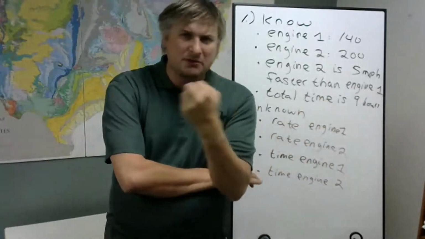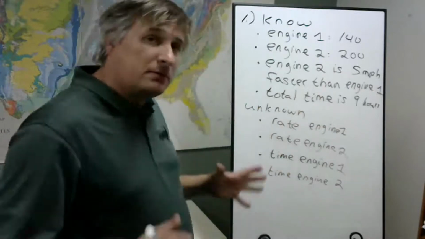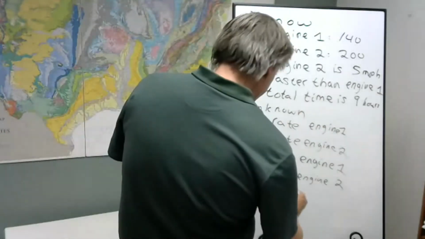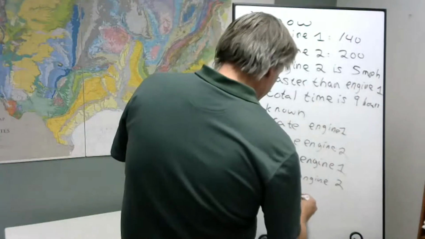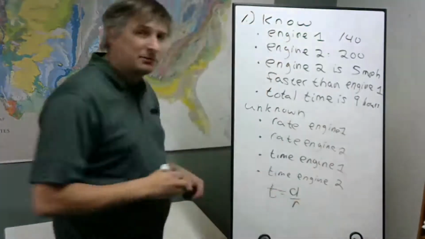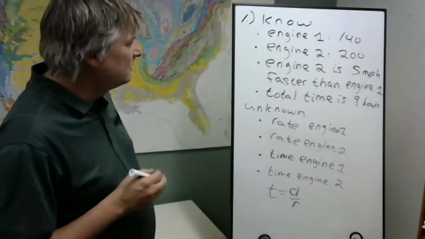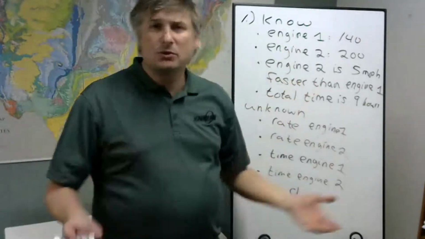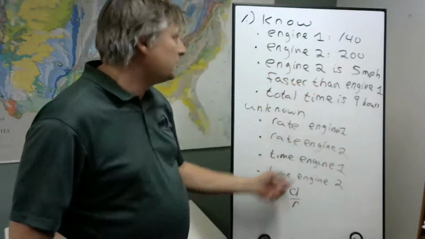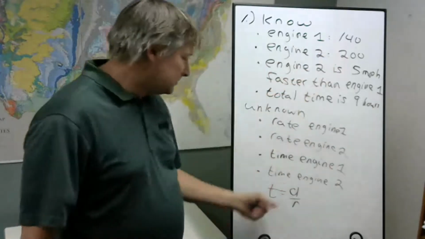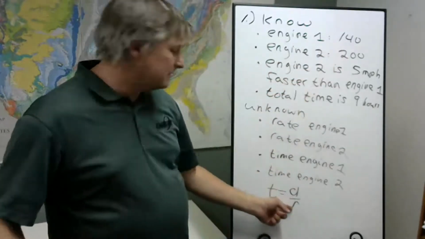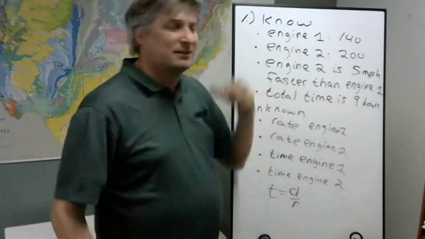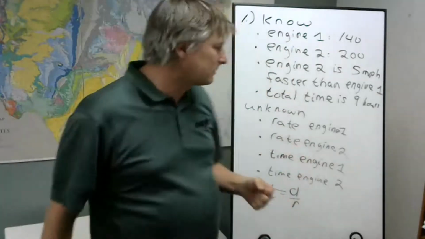There's something that brings all this together. Remember from these equations, we have an equation for motion that says time is the distance divided by the rate. So let's say we know the rate for engine 1. Well, as soon as we know the rate for engine 1, we know the distance is 140. So we take the distance divided by that rate, and we'll get the time. So the time depends on, again, knowing the rate for engine 1.